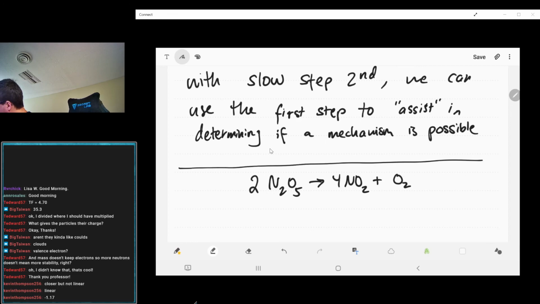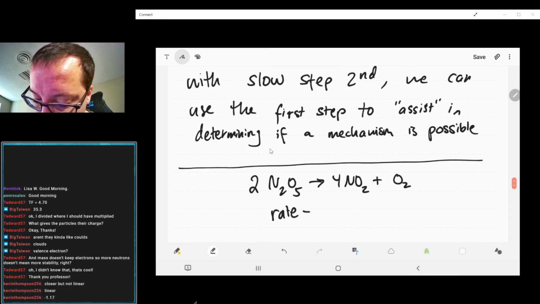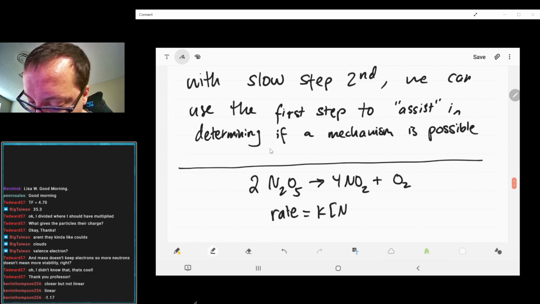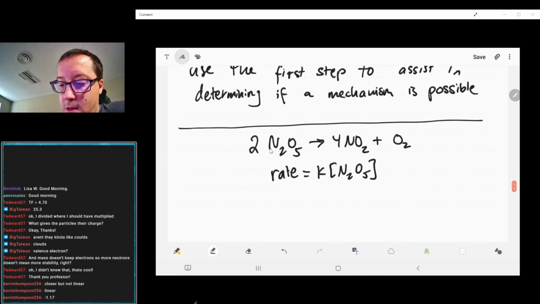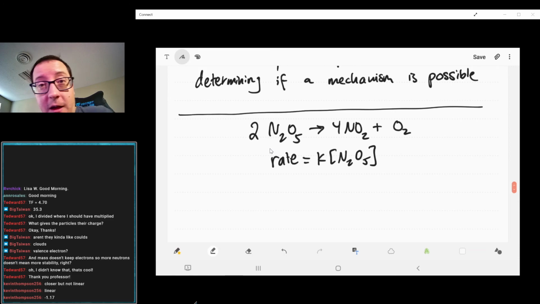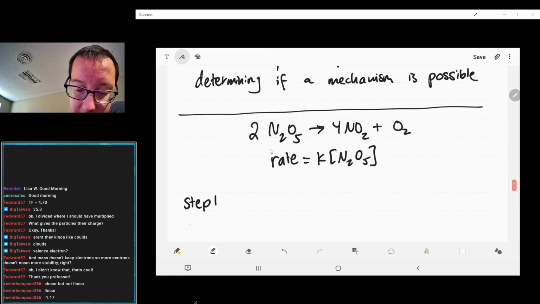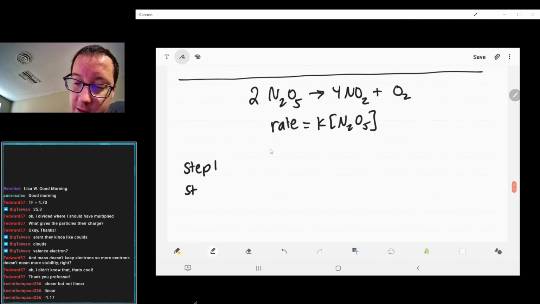And it turns out that the rate is given as such, a unimolecular rate. And there are going to be 3 steps proposed now. I'll put a little bit of space here.